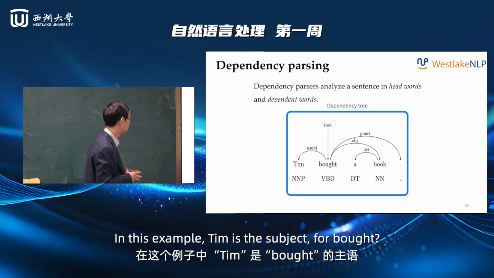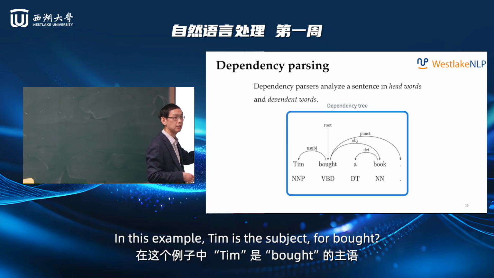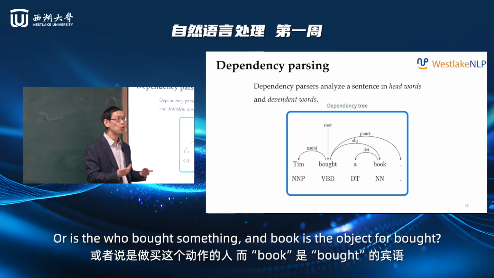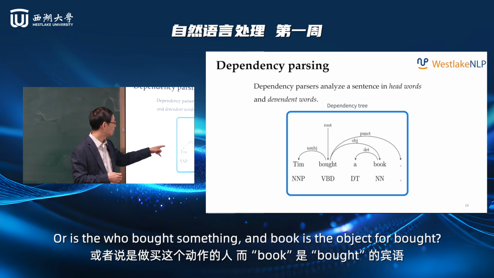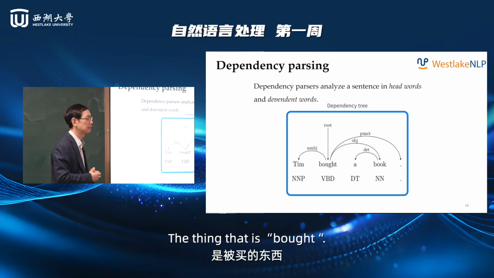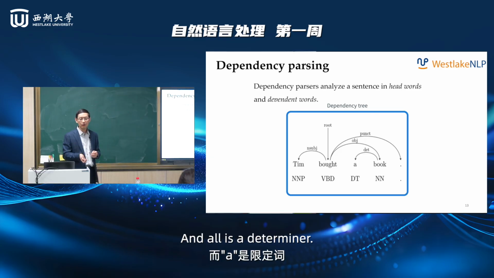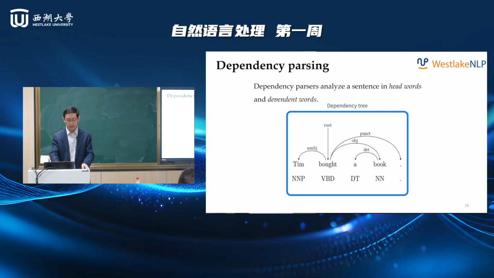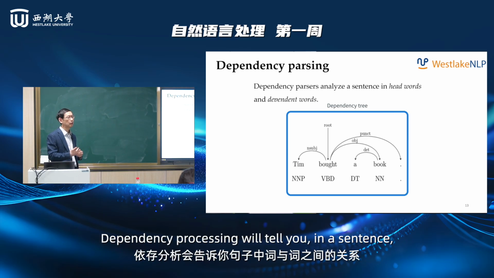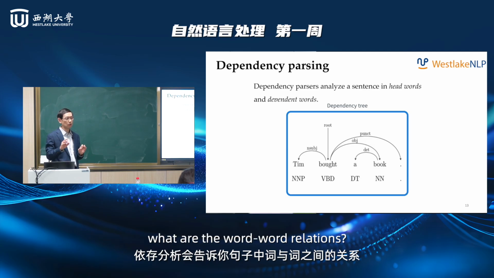Like in this example, Tim is the subject, right, for bought. Or like, who bought something. And book is the object for bought, okay, the thing that is bought, all right? And is a determiner, all right? All these word-word relations can be expressed in a dependency structure. So dependency parsing will tell you, in a sentence, what the word-word relations are.